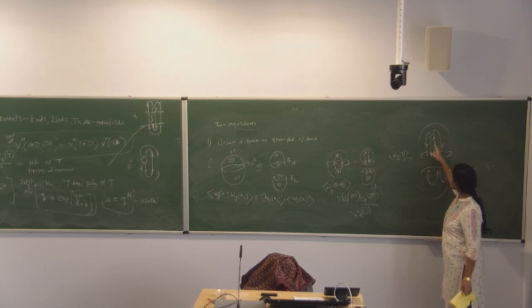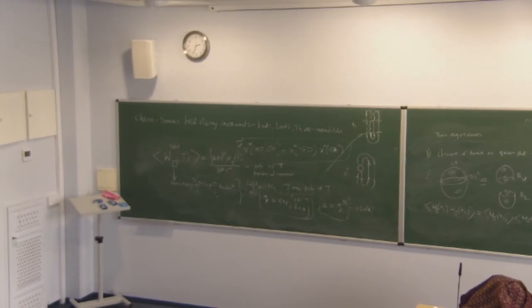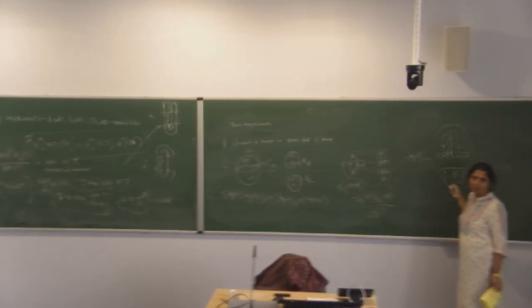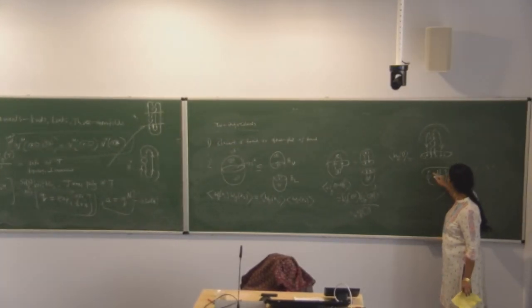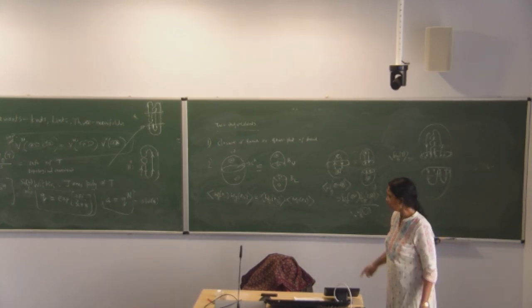If it is ingoing, we put R. If it is outgoing, we put R bar. But for the oppositely oriented boundary, it's the opposite. This R will look like R bar, and R bar like R, if you put any other representation of the SU(N) group.